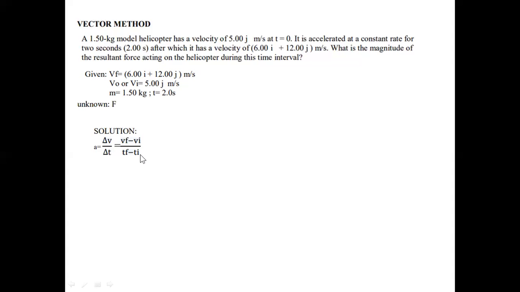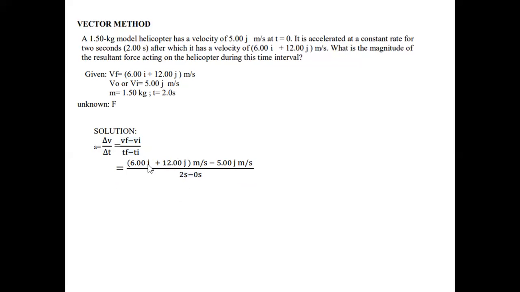Now let's substitute the given values. The final velocity is 6i plus 12j meters per second minus the initial velocity 5j meters per second, all over our final time of 2 seconds minus the initial time of 0 seconds.